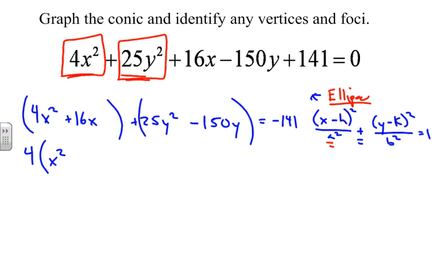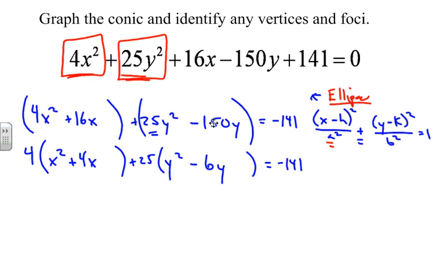When I do that, I have x squared plus 4x right here. Then I'm going to do the same thing here. I'm going to factor out that 25 because I want the coefficient to be 1 next to each one of these values, and that right here is going to be 6y, equals 141.